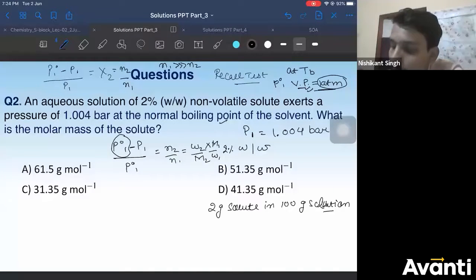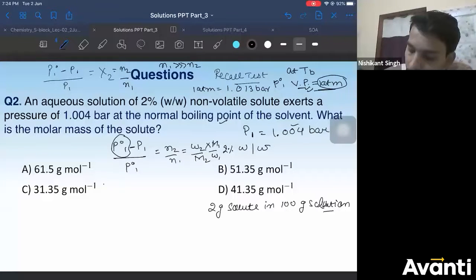But we need the pressure in bar. So what is the relationship between atmosphere and bar? 1 atmosphere is 1.013 bar. Just check the calculation.